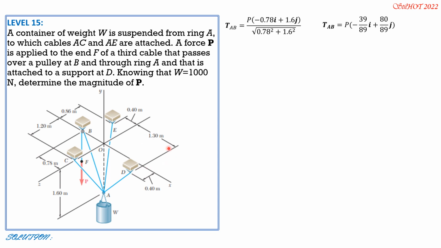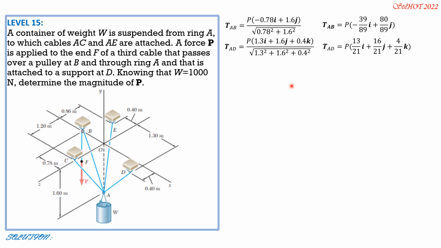So P times quantity 1.3i plus 1.6j, then plus 0.4k, over square root of 1.3 square plus 1.6 square plus 0.4 square. So it is positive, it is forward towards the z-axis. So simplifying, tension AD is P quantity 13 over 21 i plus 16 over 21 j plus 4 over 21 k.